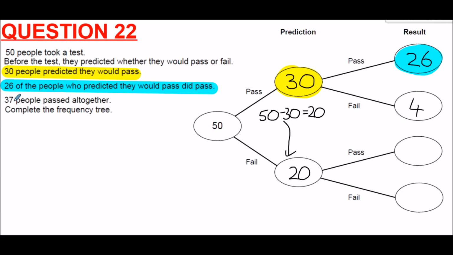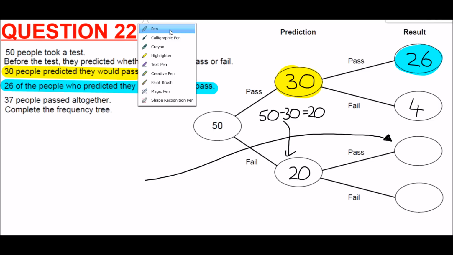It then says 37 people passed altogether. And so if 37 people passed altogether, we can work out how many people passed who predicted they'd fail, but ended up passing.